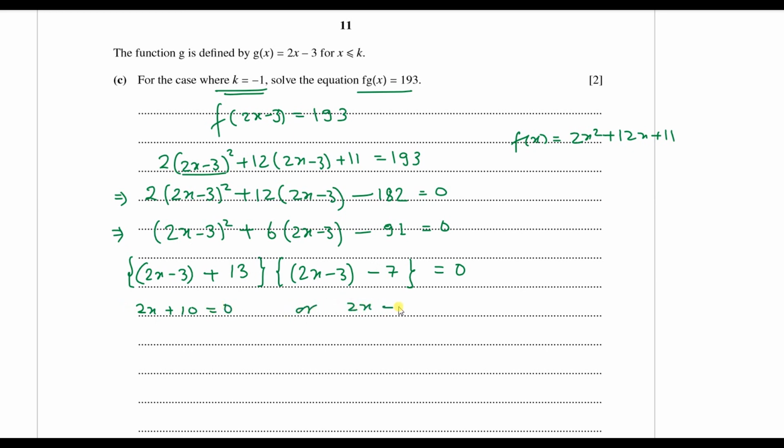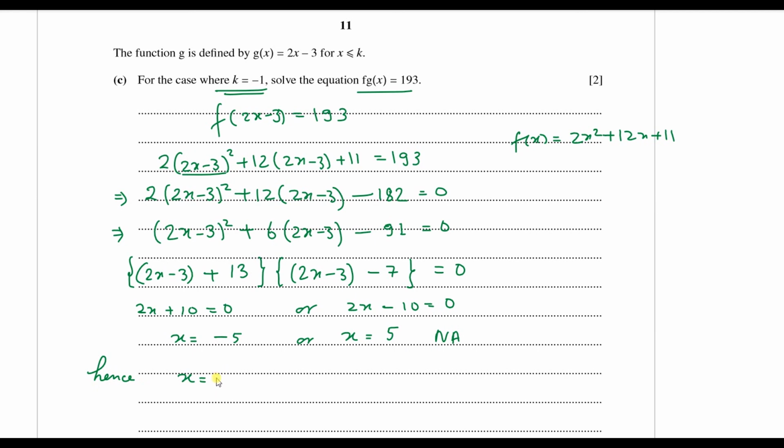So this will give you x is equal to -5, or x is equal to 5. Now since x is less than or equal to k, means x is less than or equal to -1, so x is equal to 5 is not applicable, hence the solution is x is equal to -5.